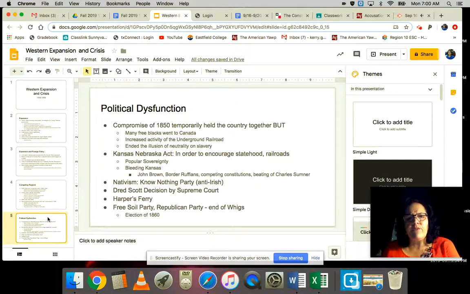So the Compromise of 1850 really kind of starts to force people into camps, either pro-slavery or anti-slavery. And so it's into this environment that you have a lot of kind of stalled out dysfunction.